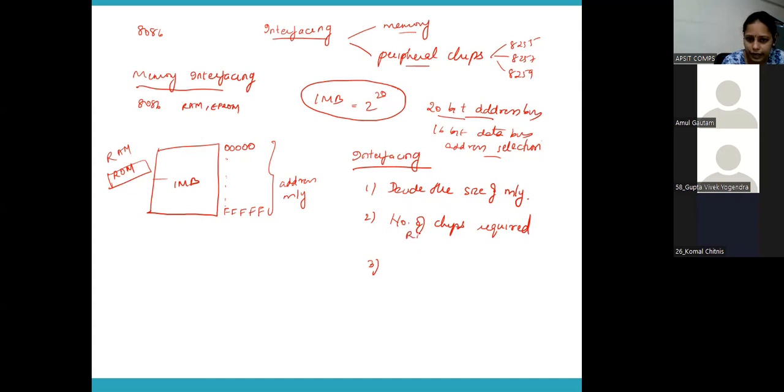Say if I want a 128 KB RAM, how many chips will I require? Or if I need a 64 KB ROM, how many ROM chips will I require? You need to estimate the number of RAM chips and ROM chips required.